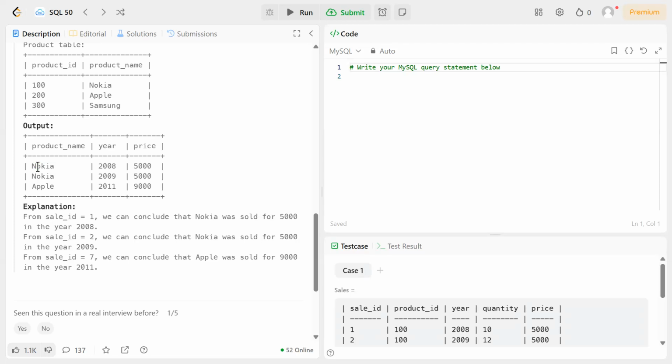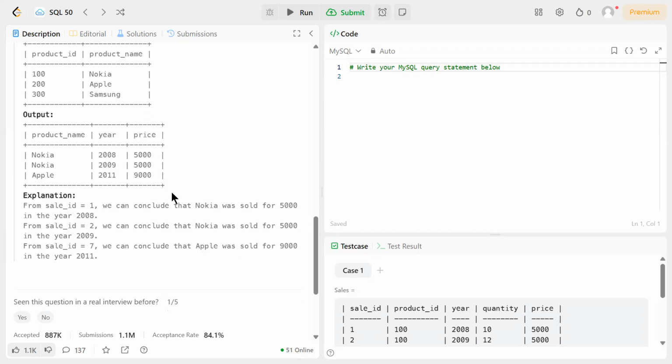As we can see here, Nokia in 2008 had a price of 5,000, and for Nokia in the year 2009 the price was 5,000, and Apple for the year 2011 was 9,000.